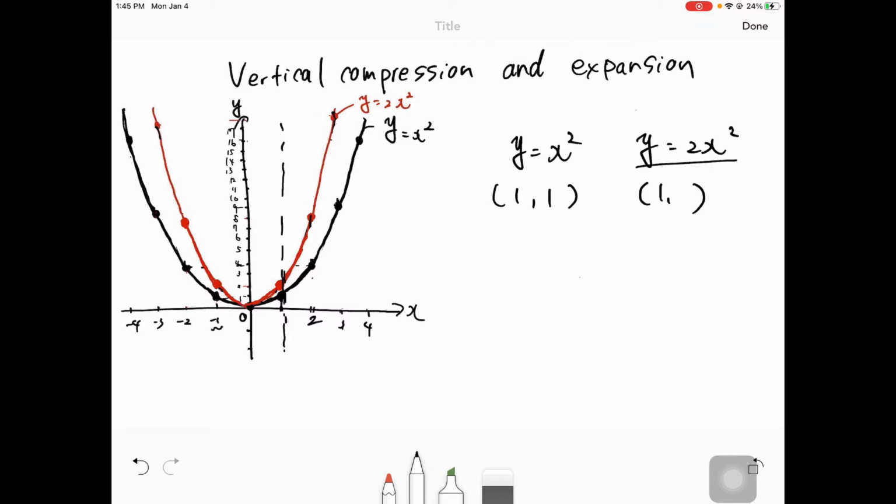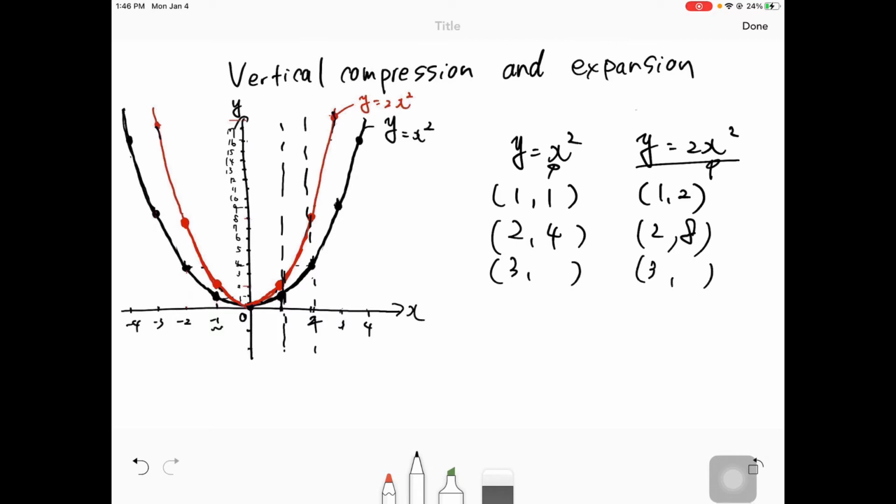When x equals 1, the y value here is 2, because if you plug in 1 here, the y value is going to be 2. And let's see the point when x equals 2, I mean here. If you plug in 2 into this graph, the y value is going to be 4. If you plug in here, it's going to be 8. And when x equals 3, the y value is 9 here and 18 here.